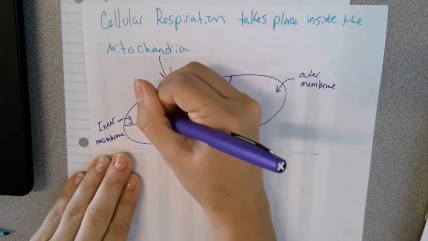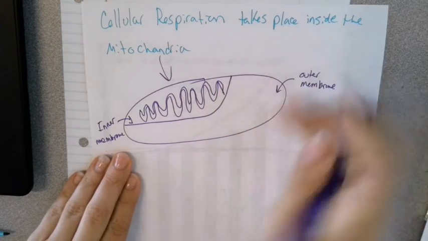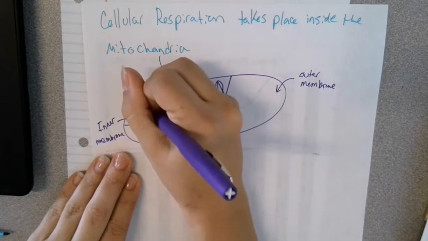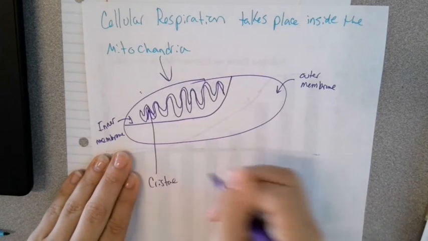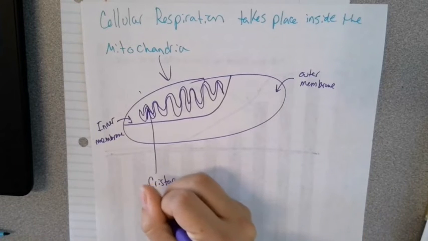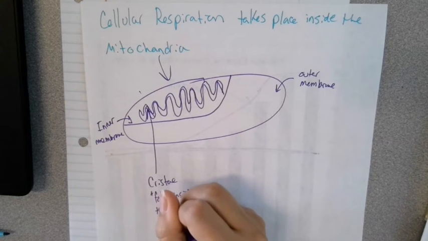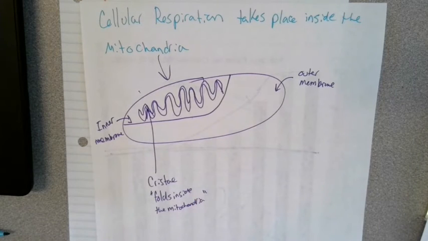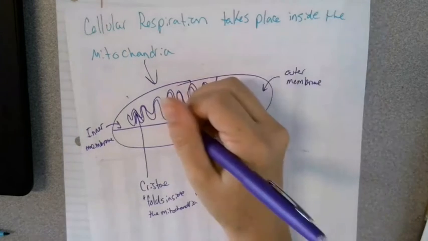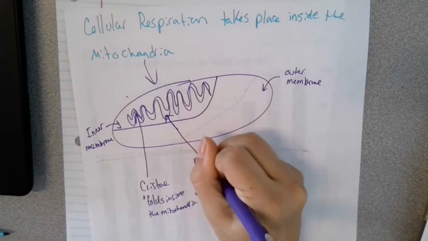But inside of the mitochondria will be these folds. These folds are called cristae. So cristae are your folds inside the mitochondria. Inside of the folds, there may be a liquid that is called your matrix.